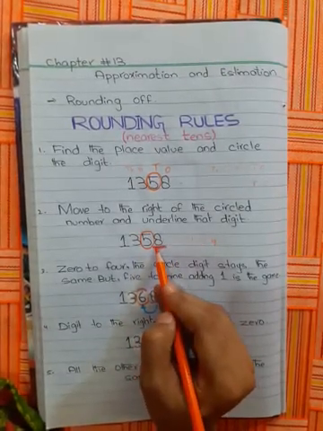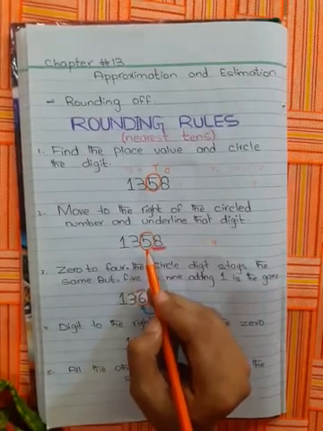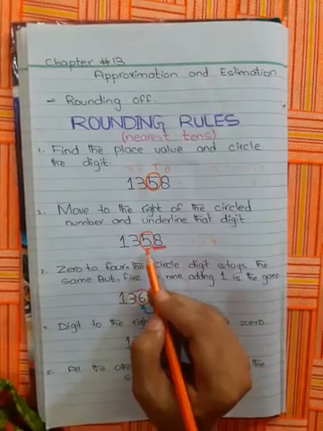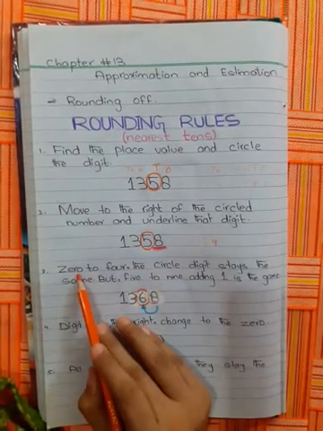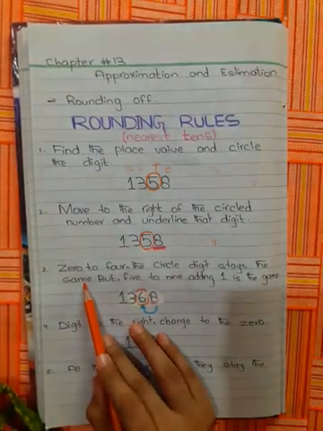This is the second rule. We underline the digit which is at the right of the circled digit.